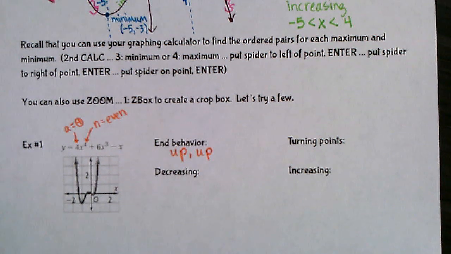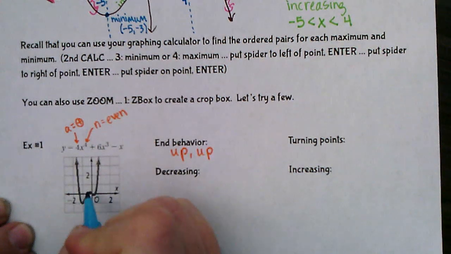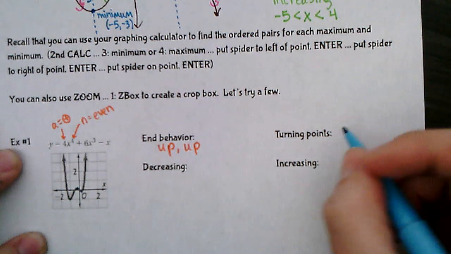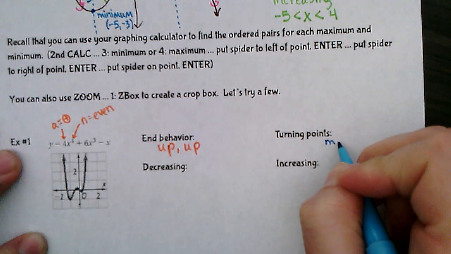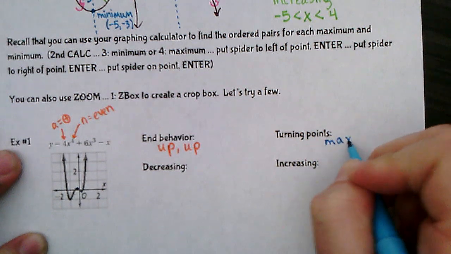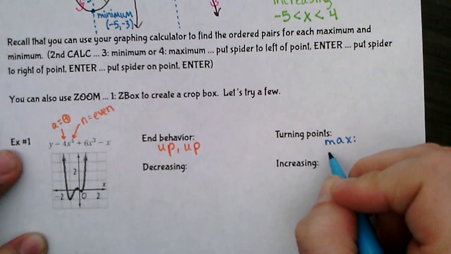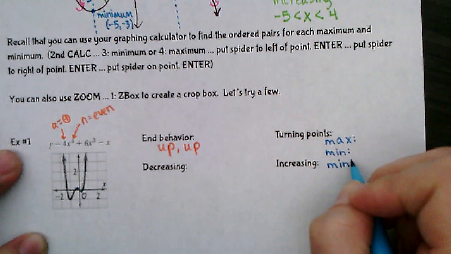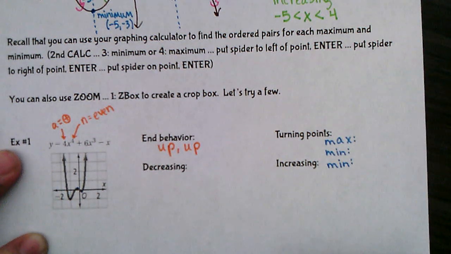And then for the turning points, that's going to be where we find our maxes and mins. So I can tell by looking at this picture here that I have a maximum right here, and I have 2 minimums. So when I go to list my turning points, I'm going to list a maximum and 2 minimums. And I will give those as ordered pairs when I get the calculator working here in a second.